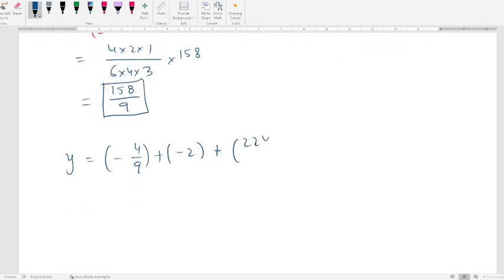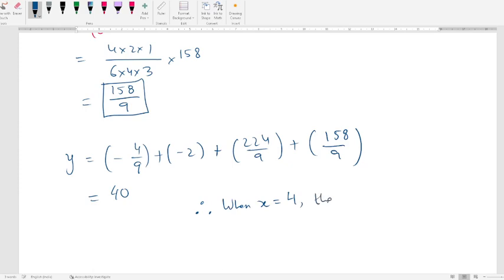So 224 divided by 9 plus the last one we obtained as 158 by 9. So simple calculation here gives the value of y as equal to 40. Therefore, when x is equal to 4, then y is equal to 40. And here is our answer.